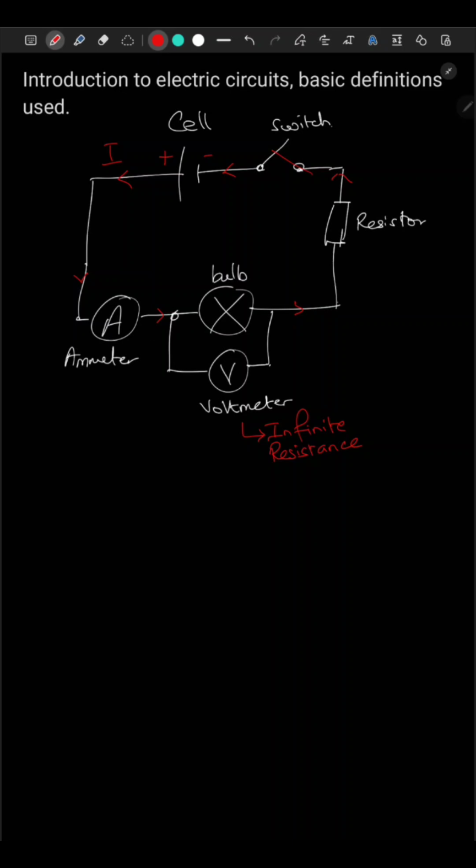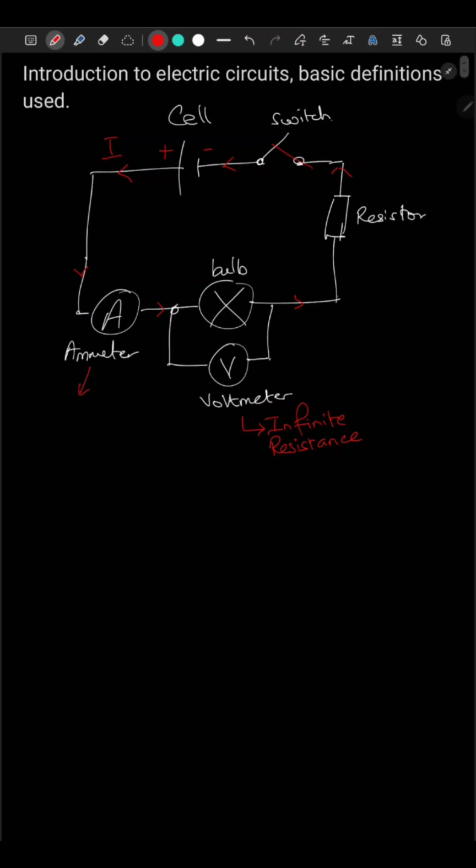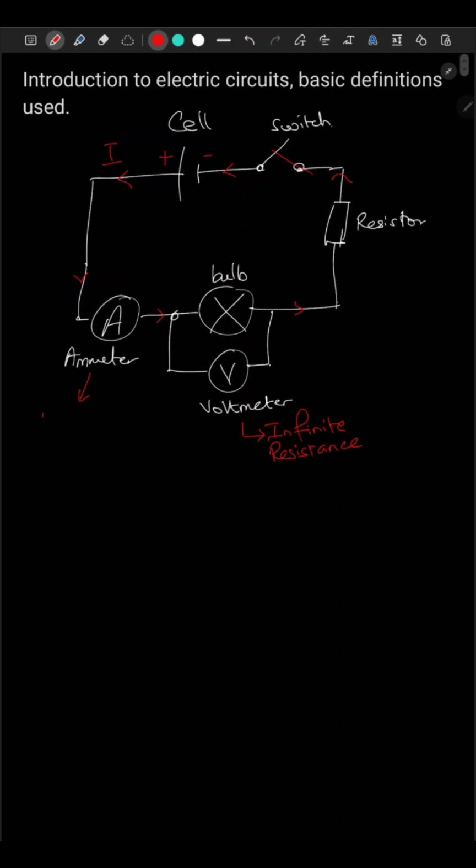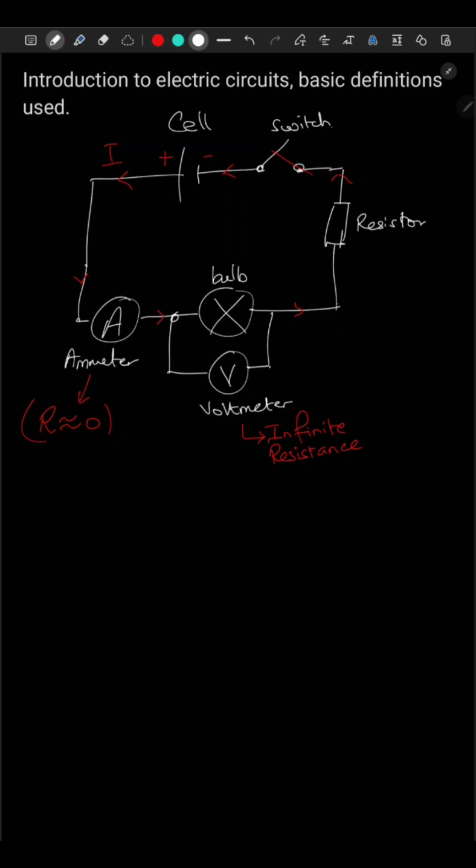The ammeter has a resistance which is near to zero, so that the current is not affected by the apparatus. It would not affect the current around the circuit, so the ammeter would give you an accurate reading.